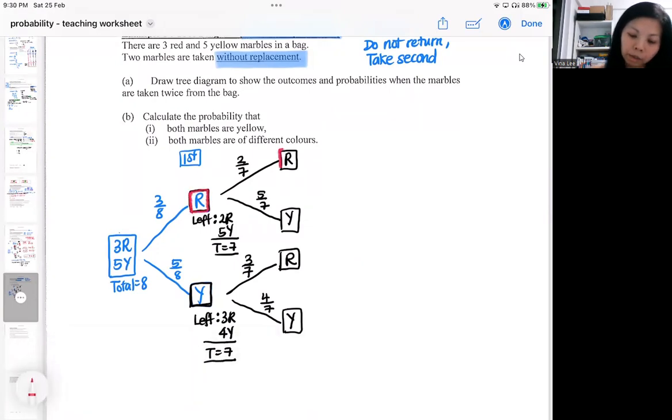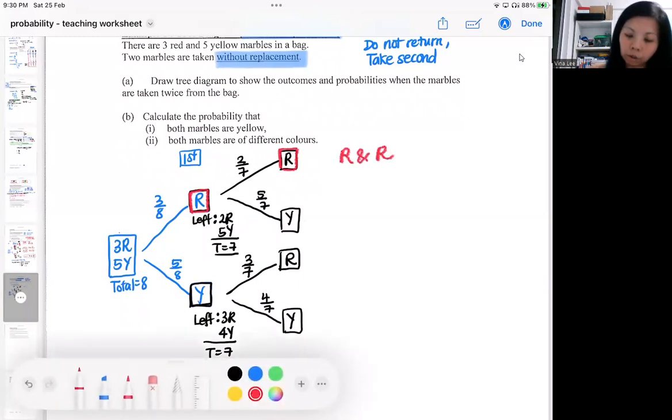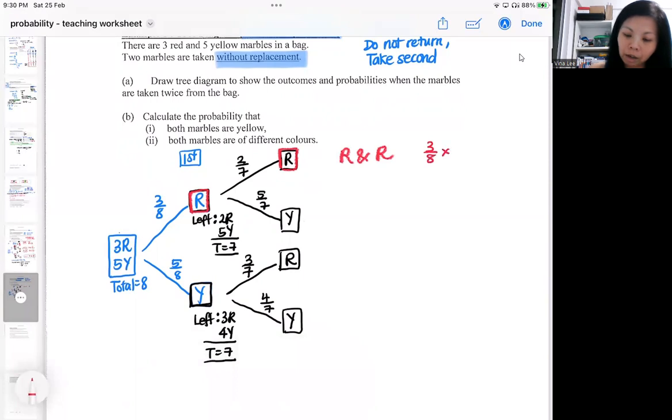The outcome will be red and red, with the probability of 3/8 times 2/7. Or it can be red and yellow, and the probability will be 3/8 times 5/7.